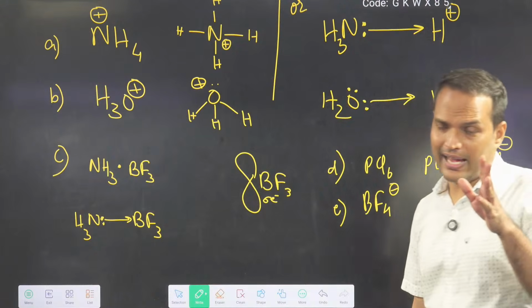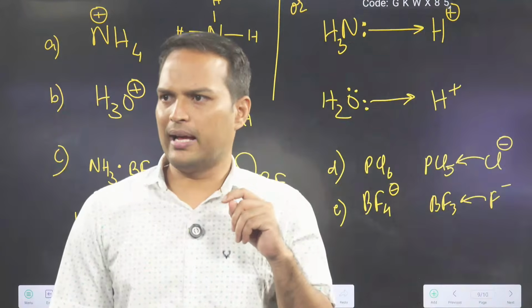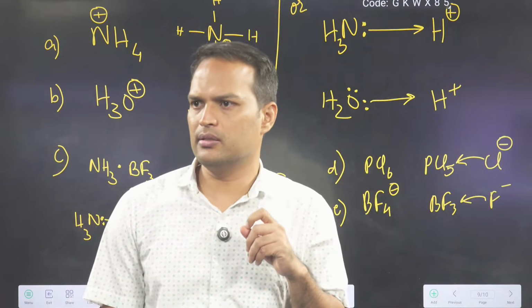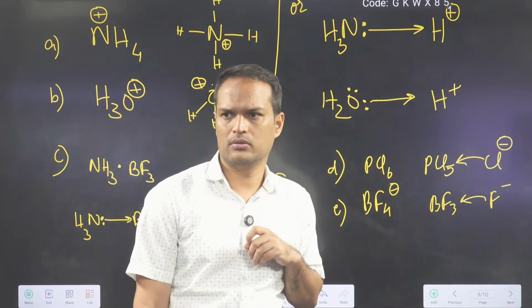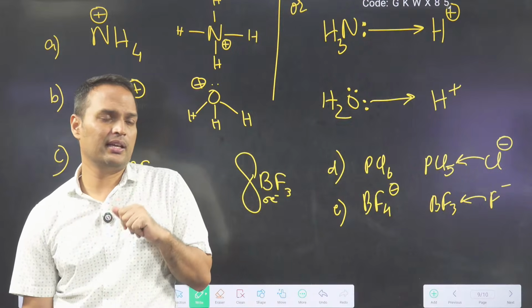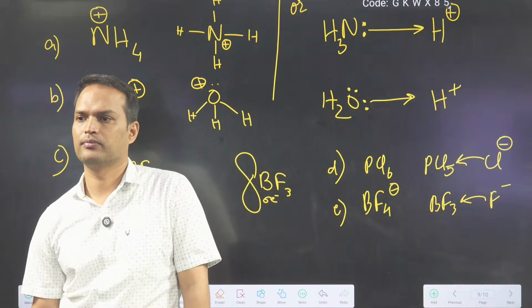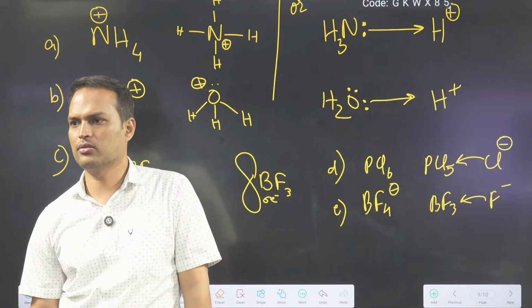I told you, I think, the diagram of Al2Cl6. Do you remember? We said AlCl3 has an incomplete octet, so it will form a dimer. AlCl4 minus also.